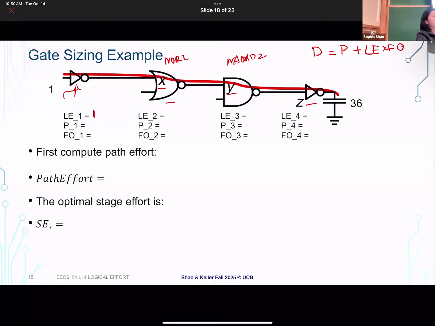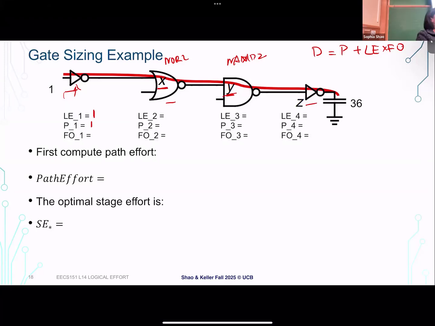The parasitic effort of the inverter is also 1. For the fan out of the inverter, we use X and Y for the second and third gates because we want to solve for them in the end. So let's say the second gate is size X. What is the fan out of the first inverter?